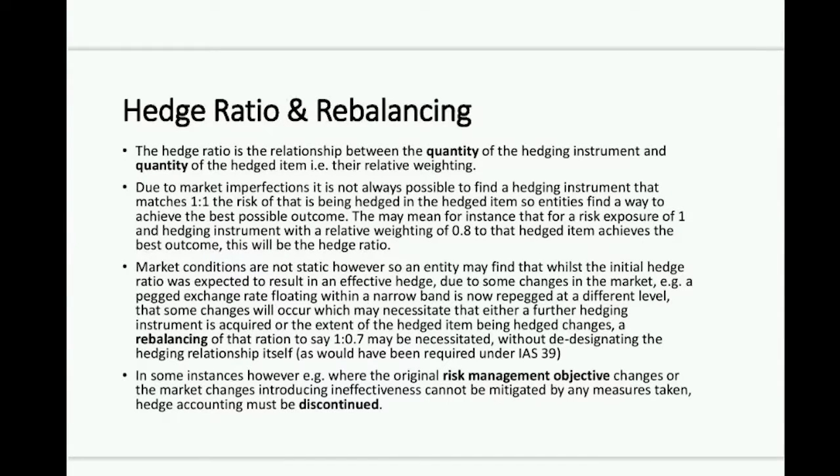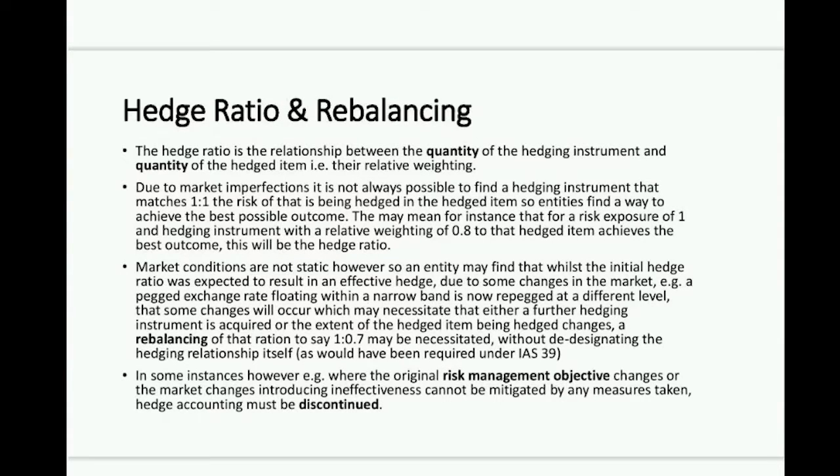On the other hand, it could be that your risk management objective changes. And if your risk management objective changes, you can't fix that by changing your hedge ratio. Effectively, you've now entered into a new hedge, so the old hedge discontinues and the new hedge kicks in.